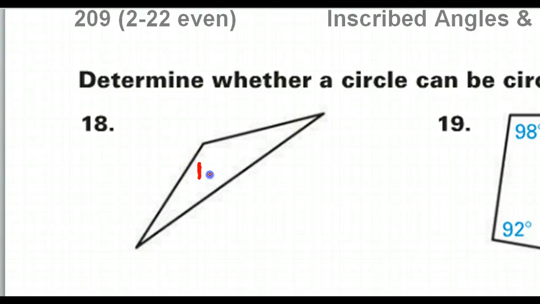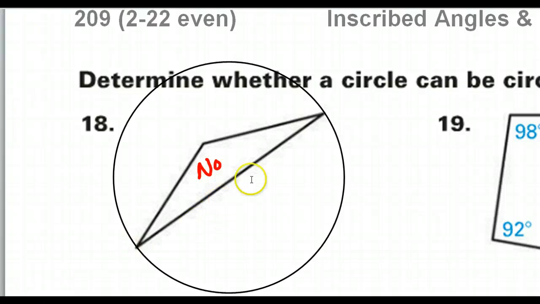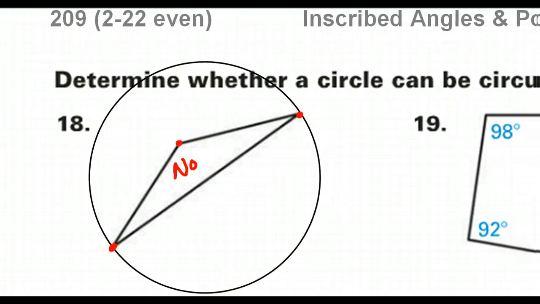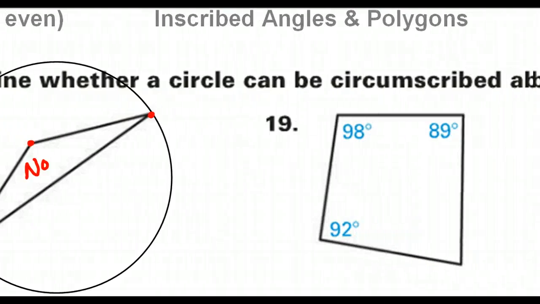Well, this one is pretty obvious that it's no. When they talk about circumscribing a circle around a shape, they mean, can you draw a circle around the shape so that all the vertices have to be on the circle. So if I draw a circle that's touching these two vertices, there's no way it's going to reach the third vertex. It's just obviously a no. That's just an insta fail.